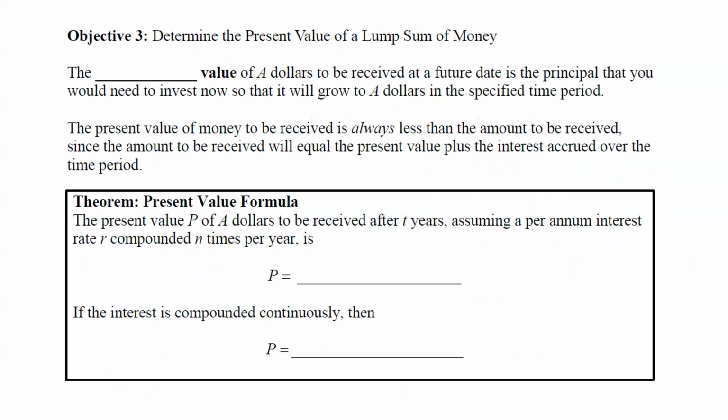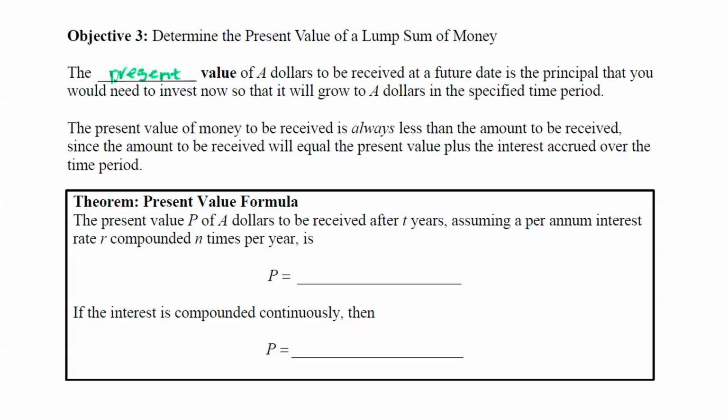Okay. All right. Objective 3, determine the present value of a lump sum of money. Okay. So the present value of $A to be received at a future date is the principal that you would need to invest now so that it will grow to $A in the specified time period. Okay.